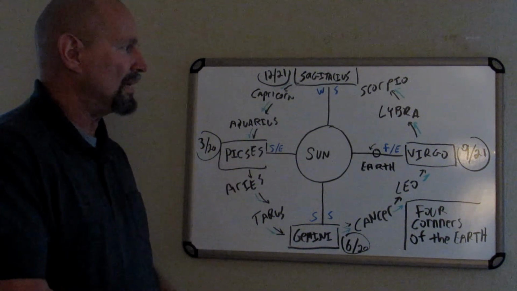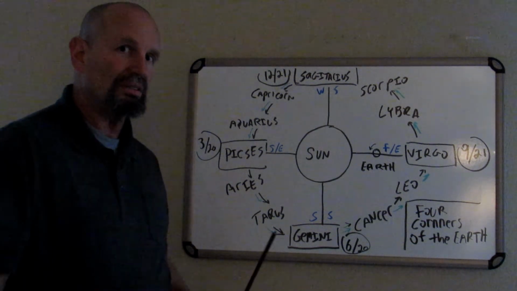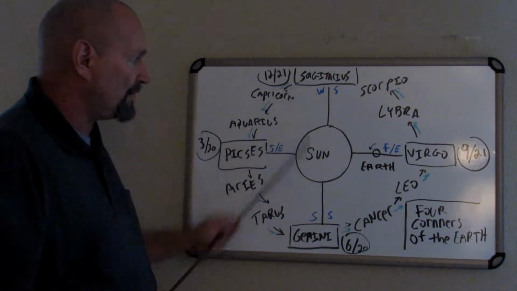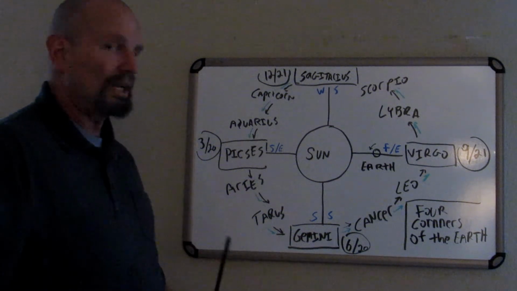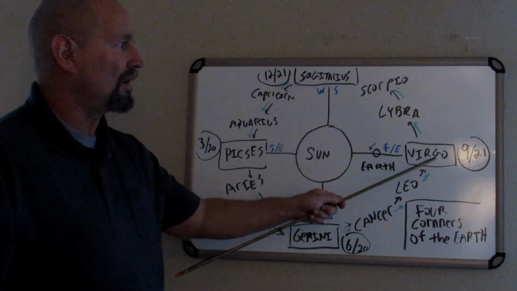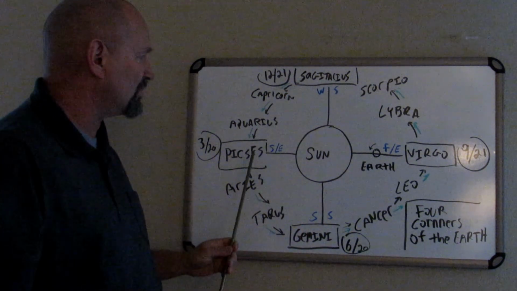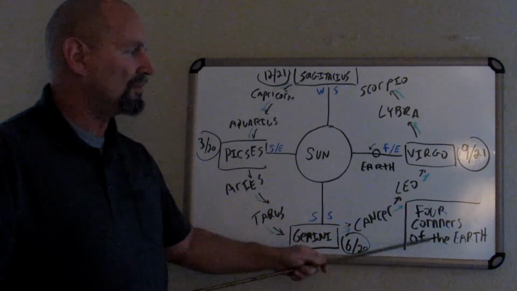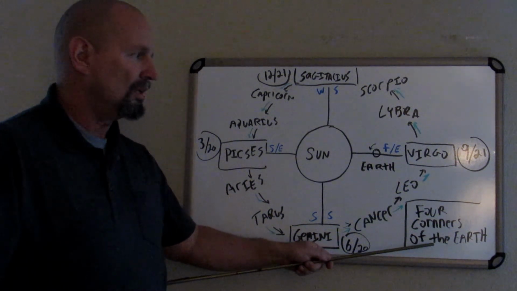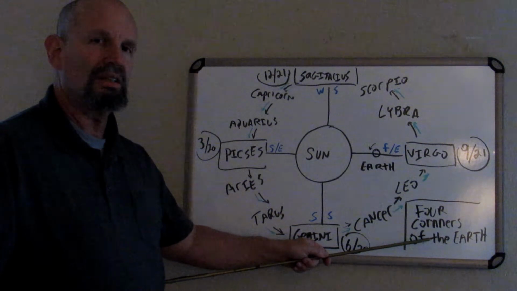What is fascinating about this is that in the ancient world, this configuration right here, when it was seen either on the fall equinox or the spring equinox, is what was called the four corners of the earth.